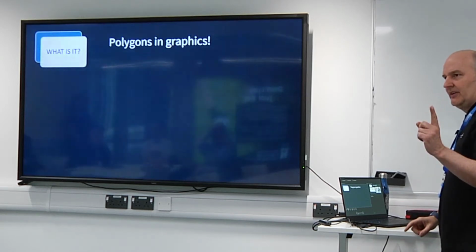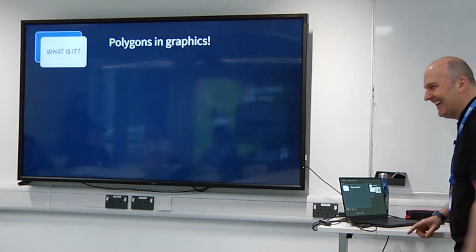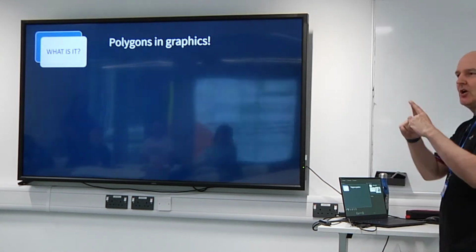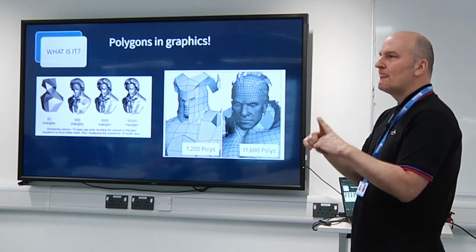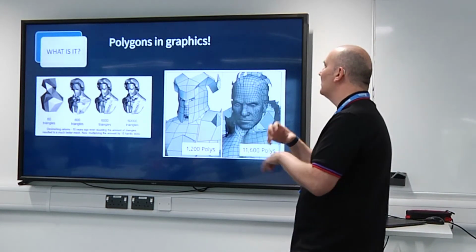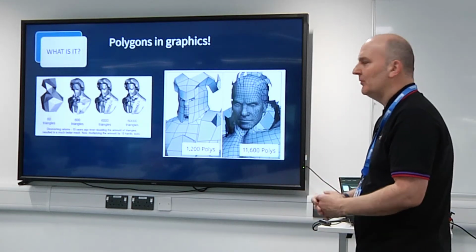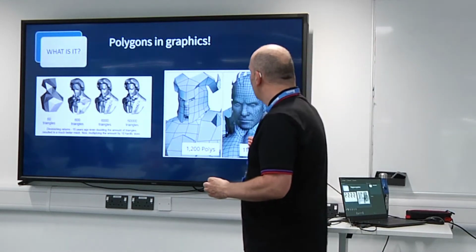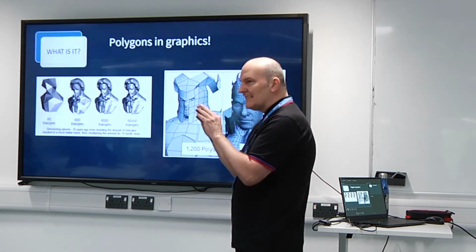Polygons. Who knows what a polygon is? So you do? A polygon is basically a triangle that you use to draw and create graphics. Like I say, I'm just giving you a high level so you can understand where things go wrong. If you look at the difference here, the more polygons you've got, the more resolution you'll have.